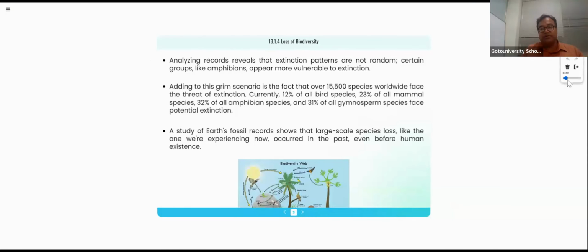Now we are entering into the next major concept: 12% of the avian species, 23% of the mammal species and 31% of the gymnosperms face the great potential of extinction. Why? Because of the population as well as human pollution.